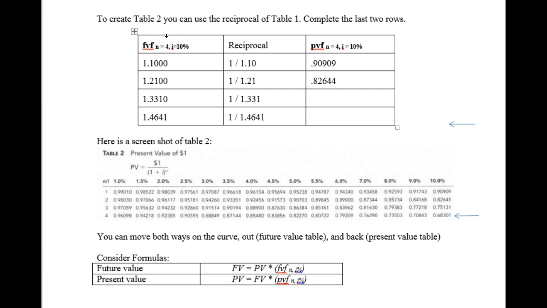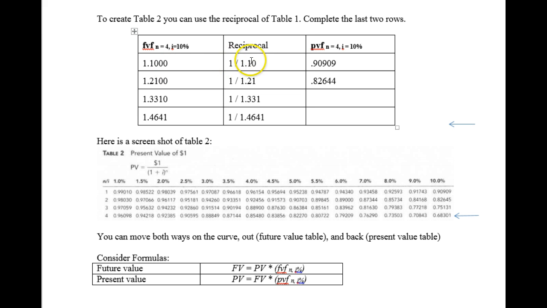In my first column, I've presented for you the interest factors from table 1 for n equals 4, I equals 10%: year 1, year 2, year 3, and year 4. To make the reciprocal of these for table 2, you should just be able to take 1 divided by these numbers.